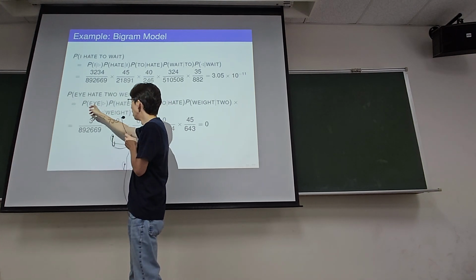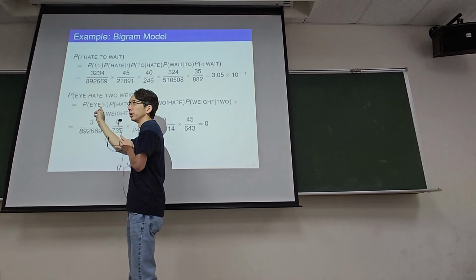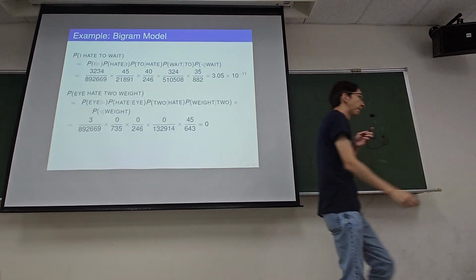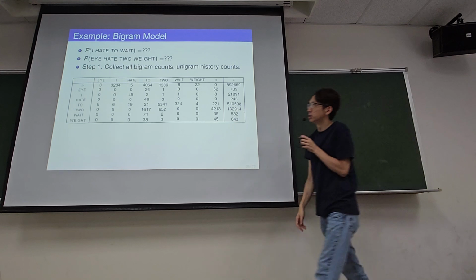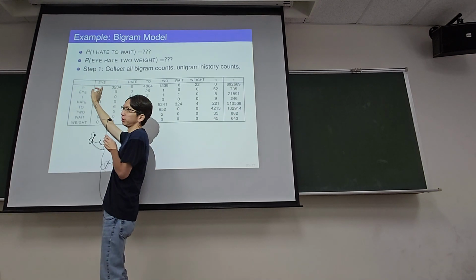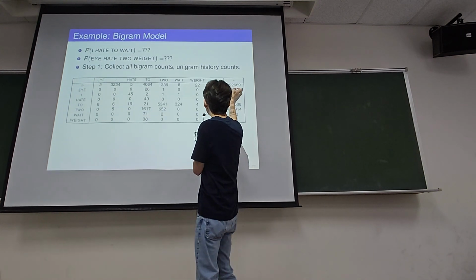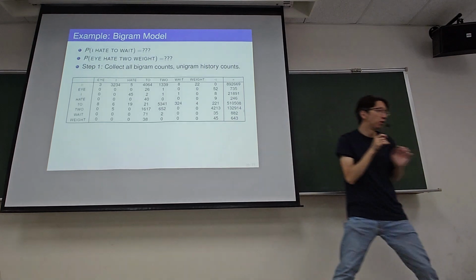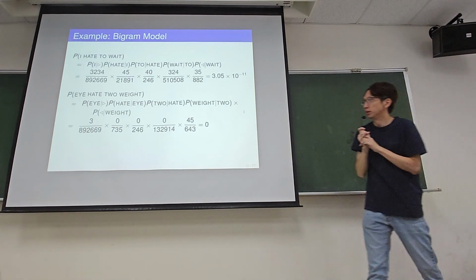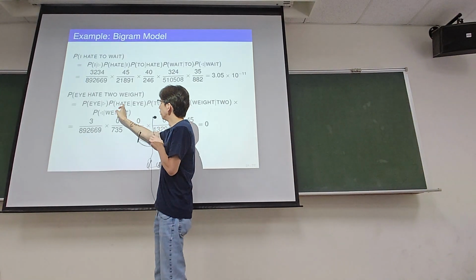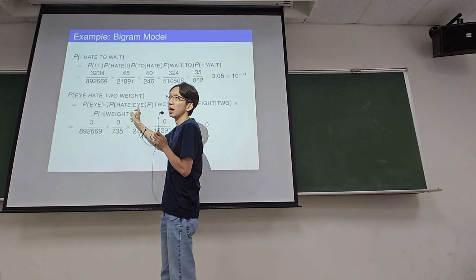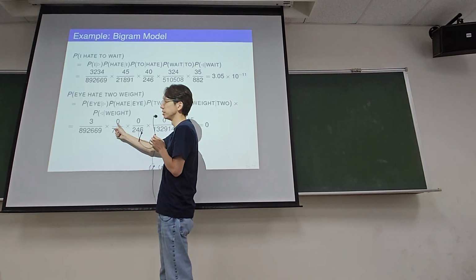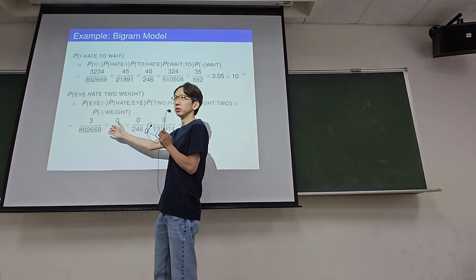Take the probability of "I hate to wash". Again, for "I" as the first word in the sentence, we can look back: it's 3 out of the total, which is a very small probability. Then the probability of "hate" given the previous word is "I" has 0 count, so it is 0. You don't have to do anything more, the rest of it has to be 0.